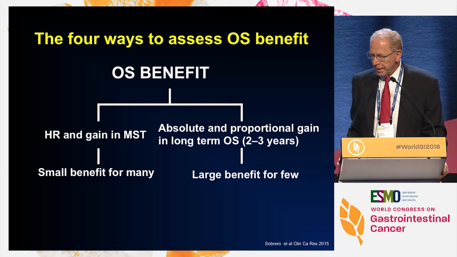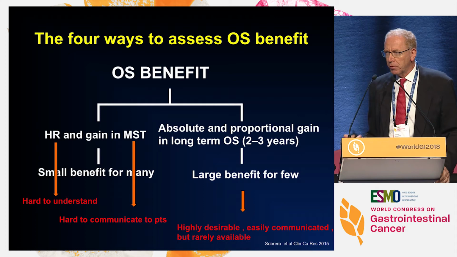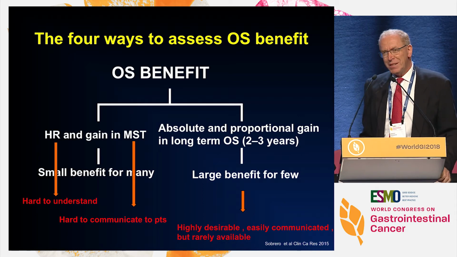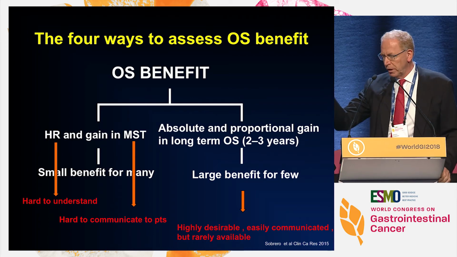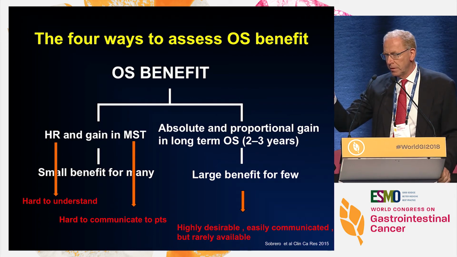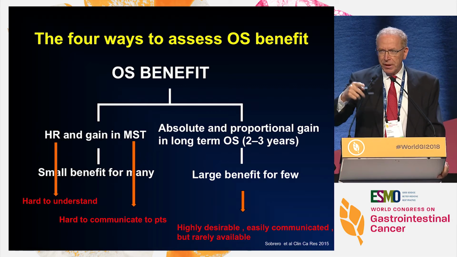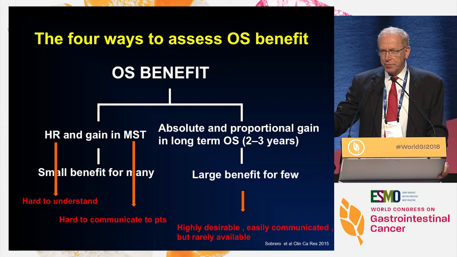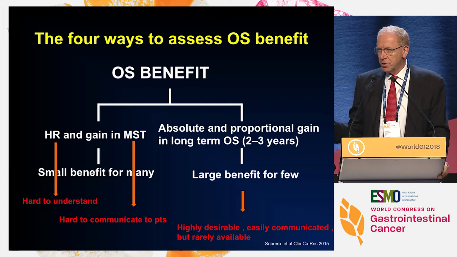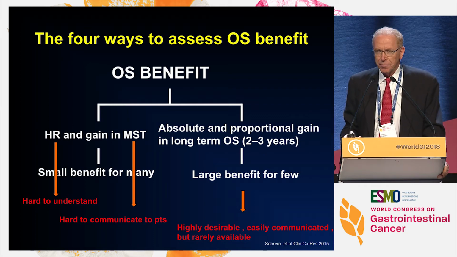Yeah, sure. In fact, we never communicate a hazard ratio. Hardly ever do we ourselves understand it. And gain in median survival is hard to communicate to patients. The long-term results are very relevant and very easily communicable to patients. However, not so many times in GI oncology do we have long-term results. So that reflects a problem.